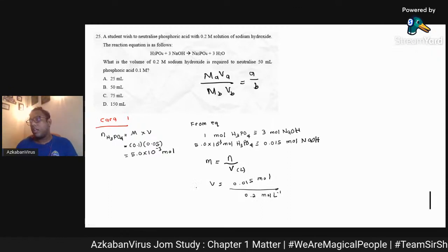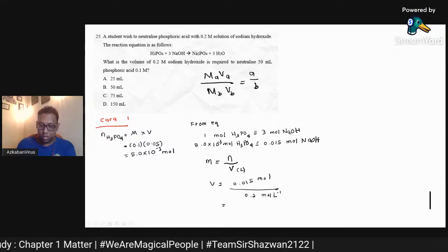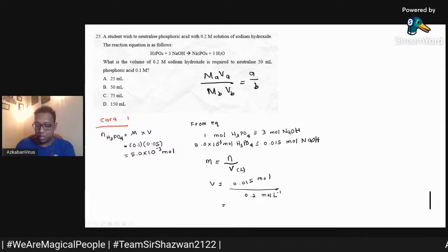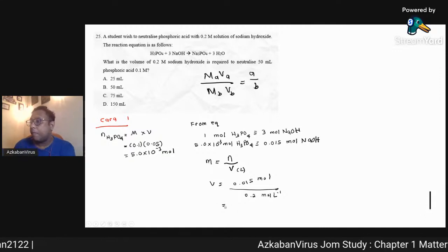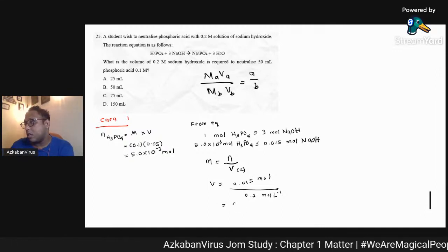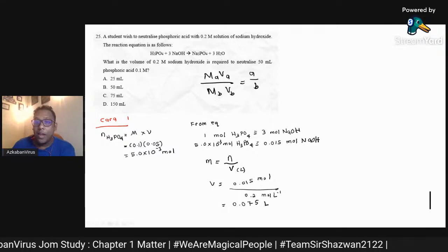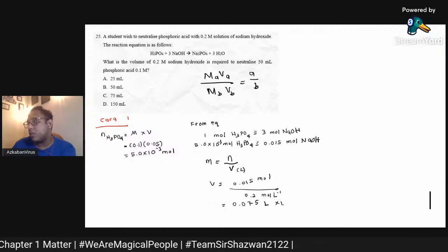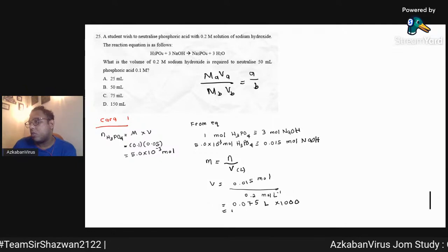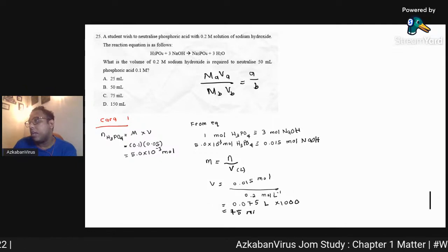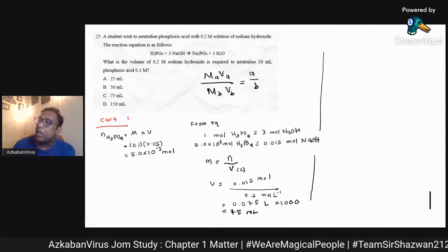Okay, kita akan dapat ini sama dengan 0.075 liter. Jawapan dalam mililiter, so darab dengan 1000. So ini sama dengan 75 mililiter.